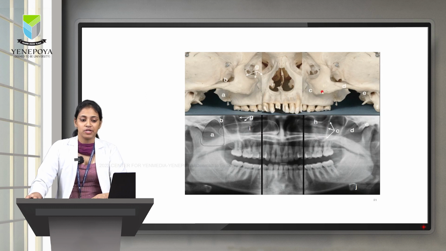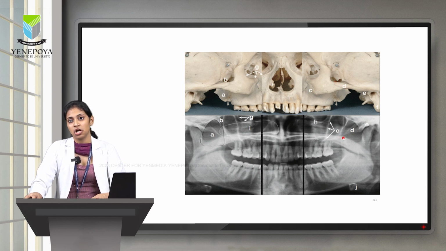On a panoramic radiograph, it appears as a J-shaped or U-shaped radiopacity. On the skull, this part is the zygoma. Here it appears as a J-shaped radiopacity represented by C, and the arch is the posterior extension, represented by D. The zygomatico-temporal suture is not very clear on this panoramic radiograph.